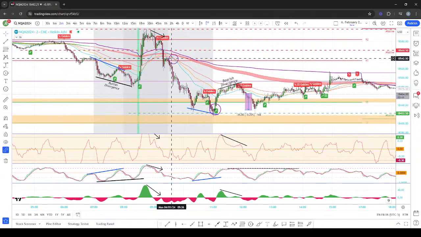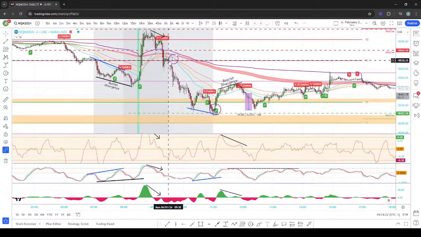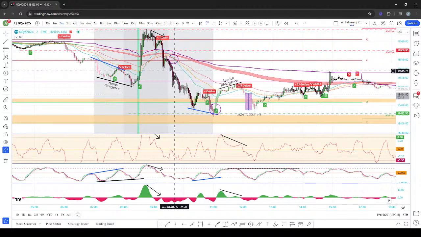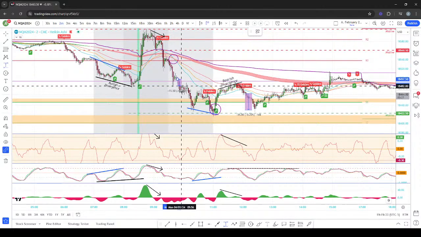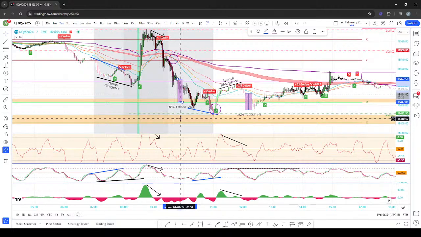We had the pullback sequence strategy, is what I call that, and I'll do another video on that where we can concentrate on these specifically. Even if you had entered on these, getting into a price range, let's just say you got in here, even if you did go right up to the pivot point, that's 50 points right there.